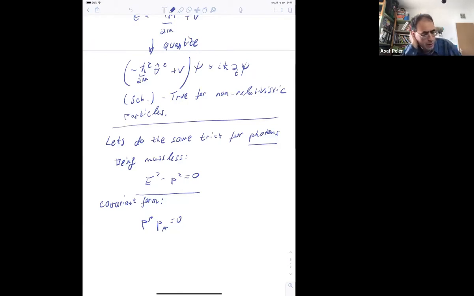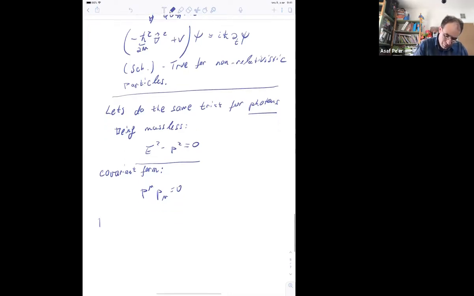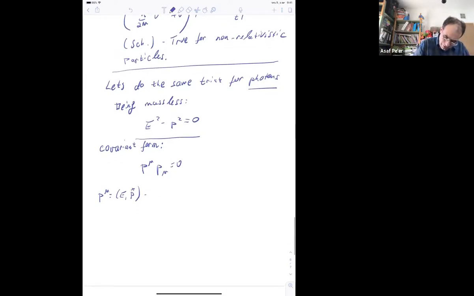Now we can write the energy and momentum operators in covariant notation. It's pretty much straightforward, because we know that p mu is (E, P). So in quantum mechanics, again, we quantize. What do we get? i d/dt and minus nabla, so i d over dx0, d over dx.